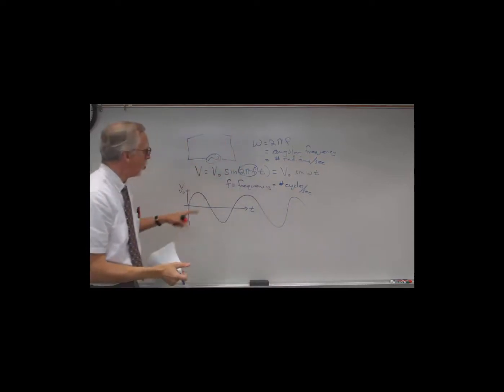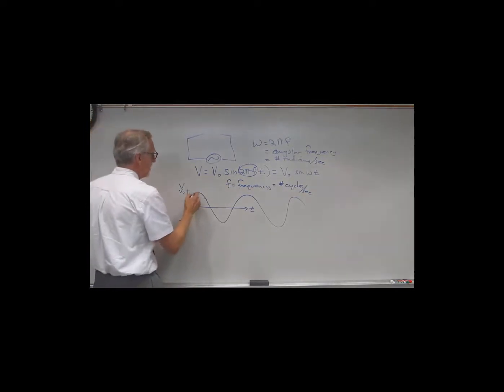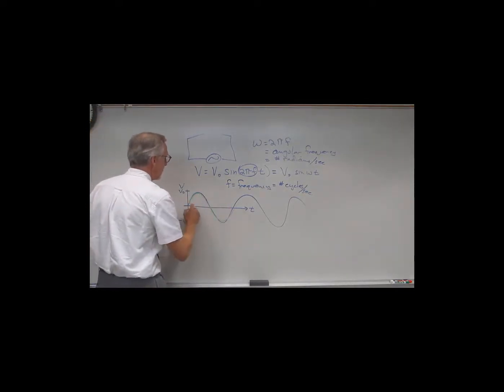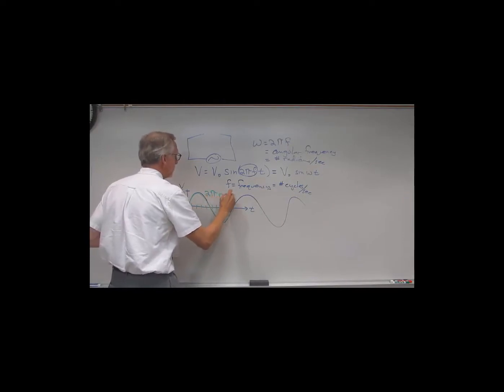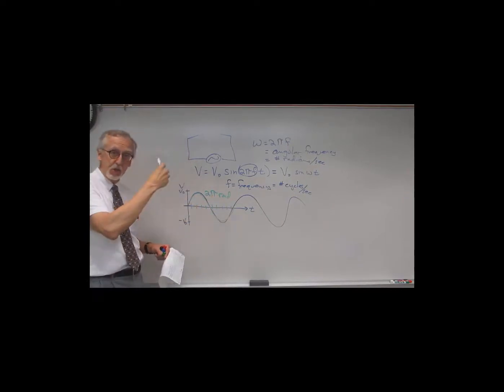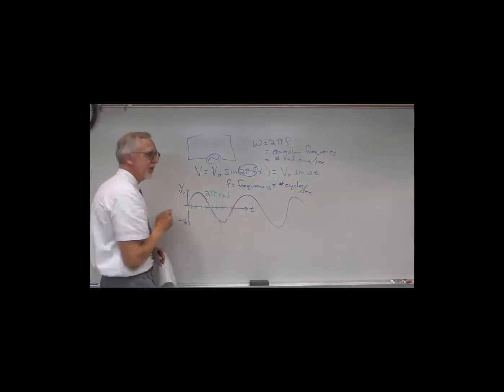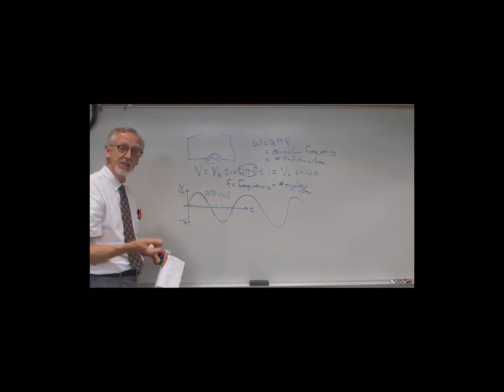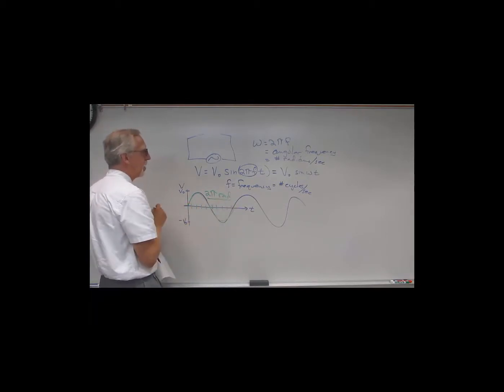If we take one oscillation of our voltage, one sine wave, we break this down into 2 pi radians, kind of like breaking our circle into 2 pi radians of angle, breaking our cycle into 2 pi radians of phase. Then every cycle corresponds to 2 pi radians.